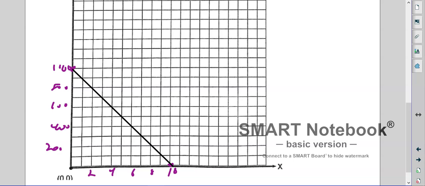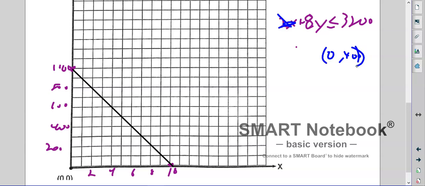All right. And then 2x plus 8y, 3,200. So I'm going to use the cover-up method on that one. If I cover up this, right? 8 goes into 32 4 times. So that's 400, right? So if my x is 0, my y is 400. And if I move this over to cover up my 8, that's going to be 1,600.